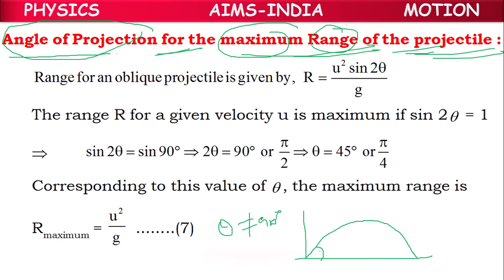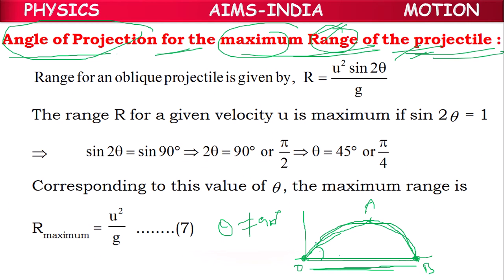It is called a projectile and its path is called the trajectory. From the point of projection O, it went up to maximum height A. From there it came back to the ground at B. From the point of projection to the point of touching the ground again, this distance OB is called the range. Range of the projectile means the horizontal distance travelled by the projectile.